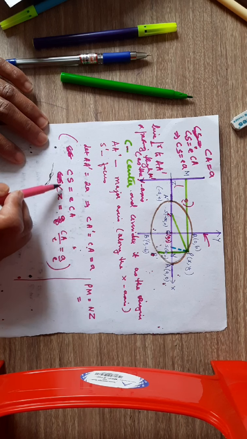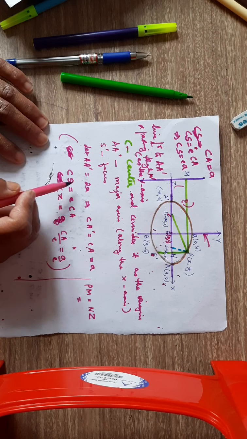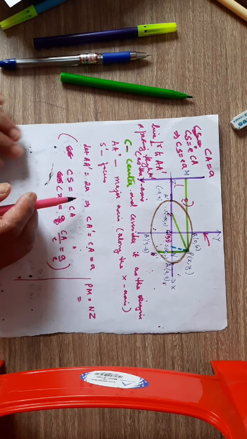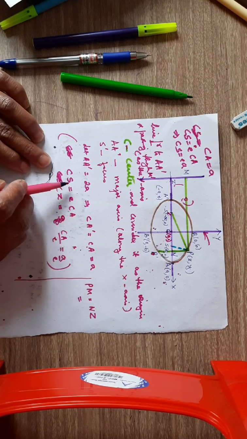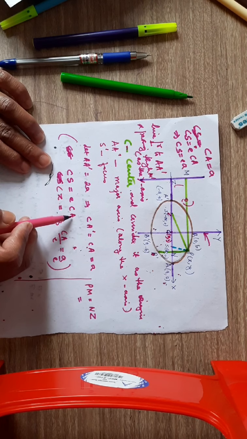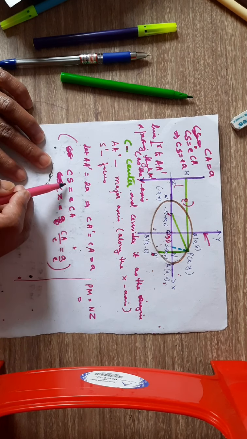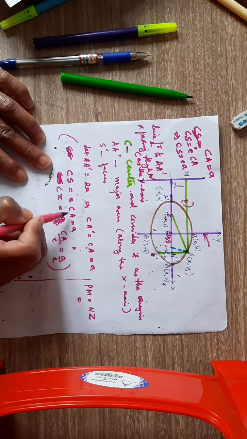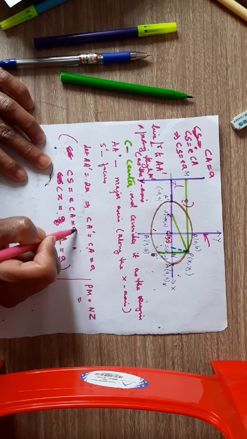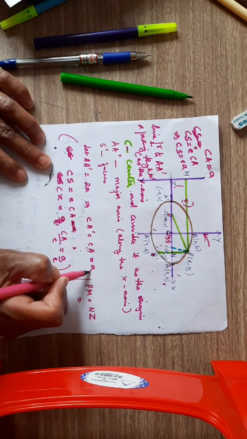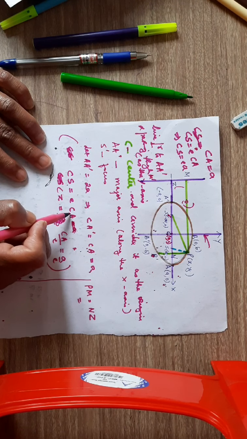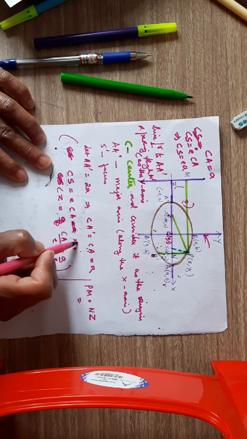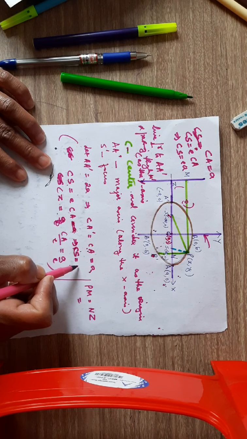We know from the previous discussion on the general equation of the ellipse that CS is equal to E times CA. So if I take CA to be A, then CS will be E times CA, which means that CS is equal to AE.